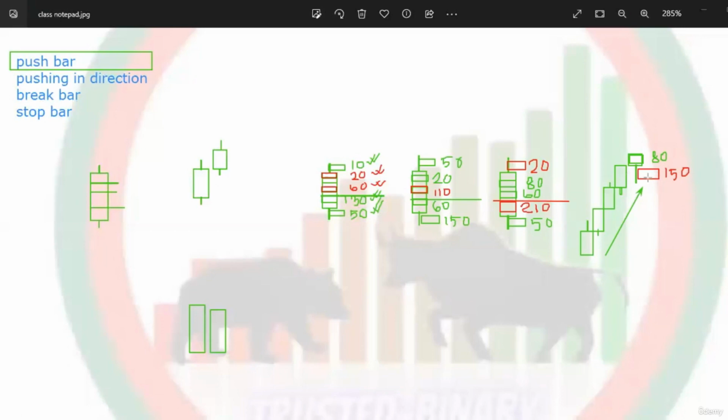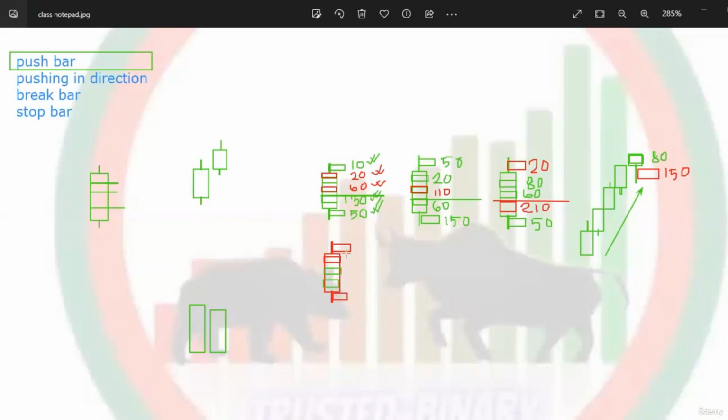So what should we take if we see the same situation in this candlestick? This is one part here, another part here, and here another part, and another part is here.